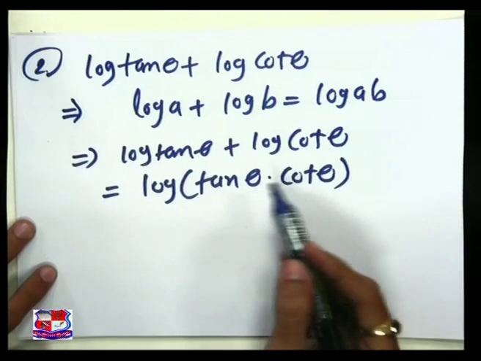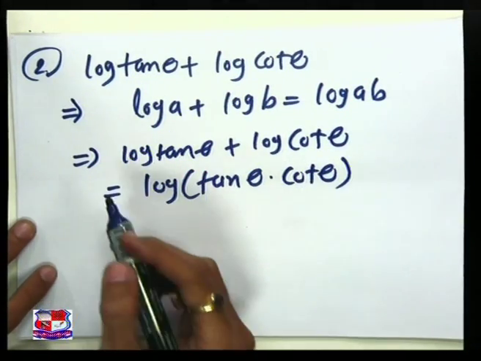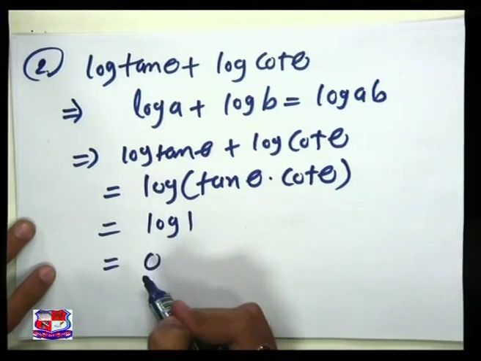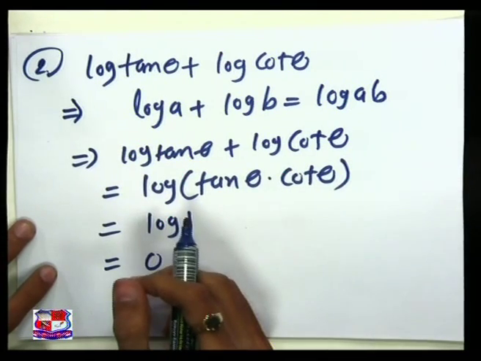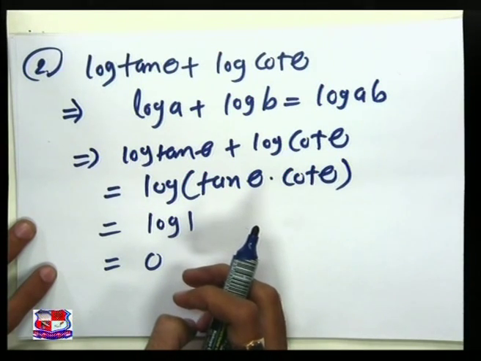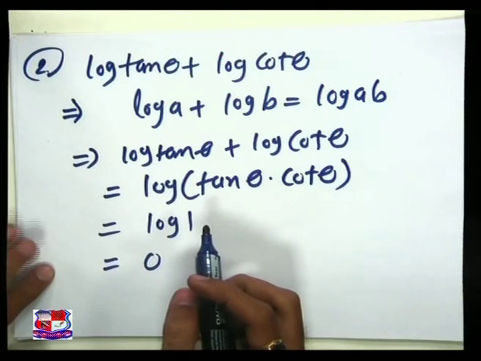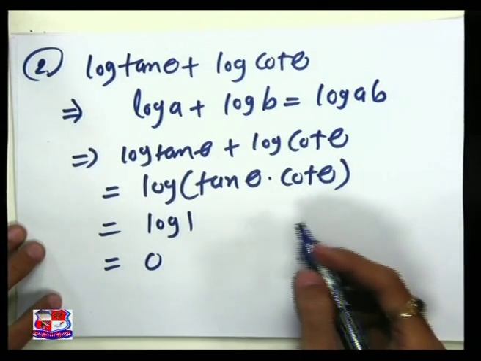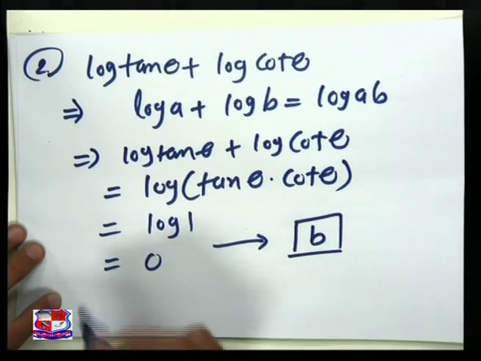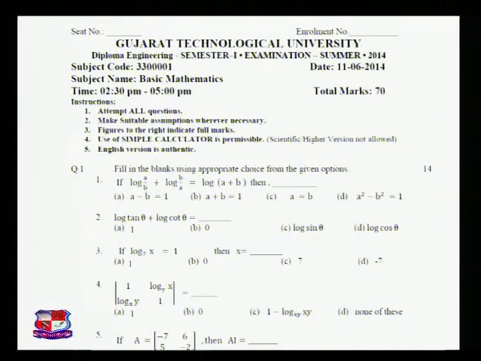We know that tan theta and cot theta are inverse of each other, so tan theta into cot theta is equal to 1, and log 1 is equal to 0, as we discussed in the previous MCQ. So here the answer will be 0, and that is option B. So our answer to the second question is also B. This is the solution of the second one.